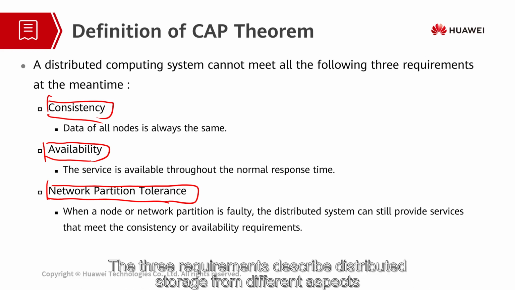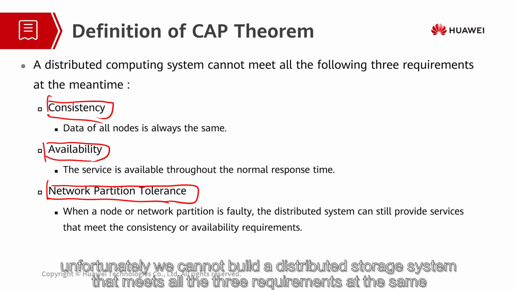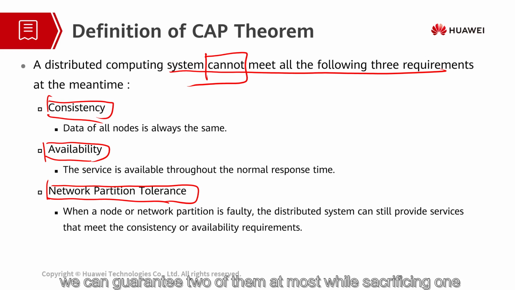The three requirements describe distributed storage from different aspects, but just as the theory tells us, unfortunately, we cannot build a distributed storage system that meets all three requirements at the same time. In fact, in one distributed storage system, we can guarantee two of them at most, while sacrificing one.